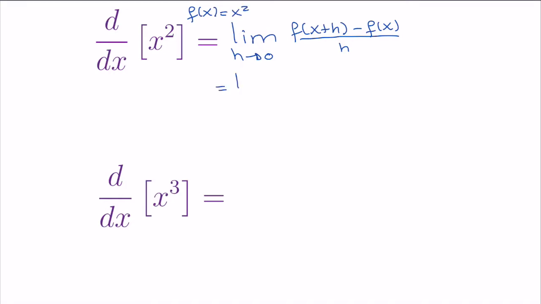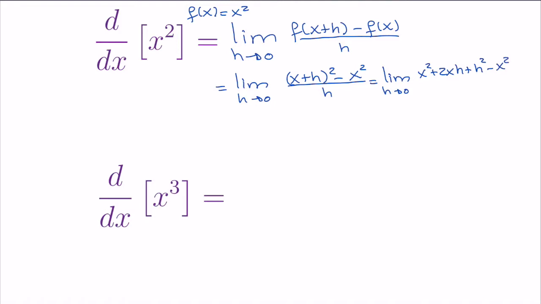So this is the limit as h approaches 0 of x plus h squared minus x squared over h, which is the limit as h approaches 0 of x squared plus 2xh plus h squared minus x squared over h.